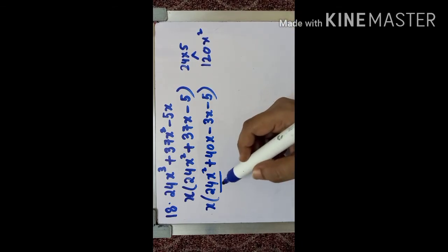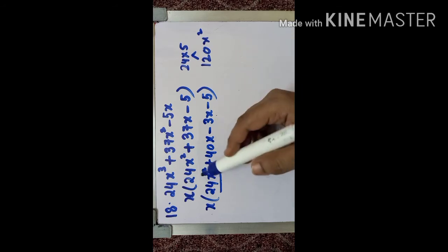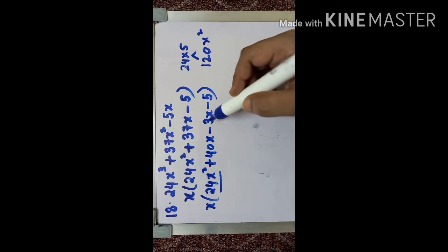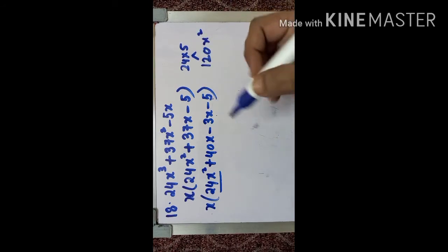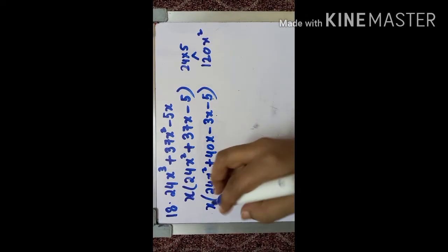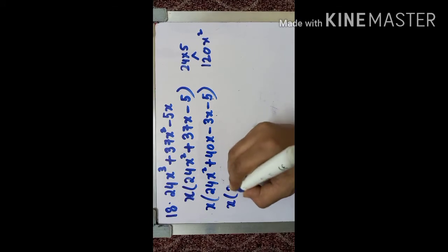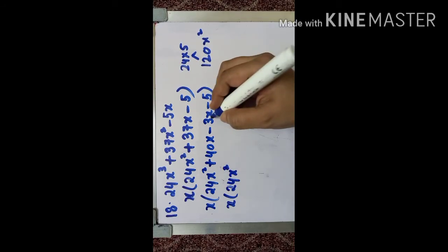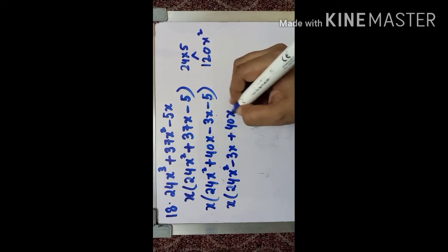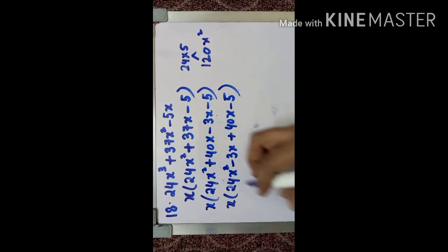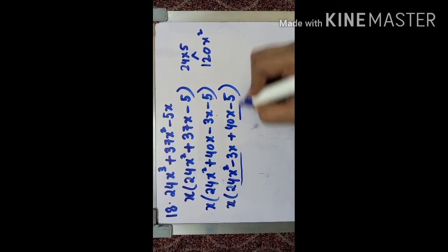You can write 24 and 3x together. Like 24 and 3 means you can take 3 common from there, and 40 and 5 if you write together you can take 5 common from there. So let us just write like that. Here 24x square, here minus 3x we will take, and plus 40x, and here minus 5. So now it is easy for you to take common, no?